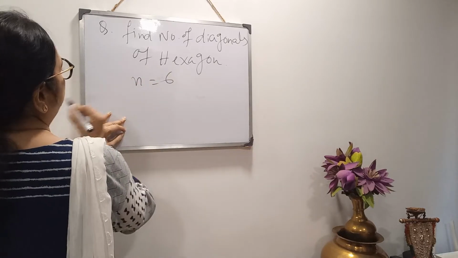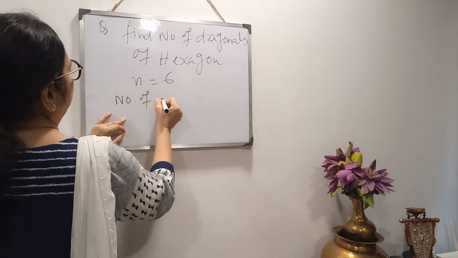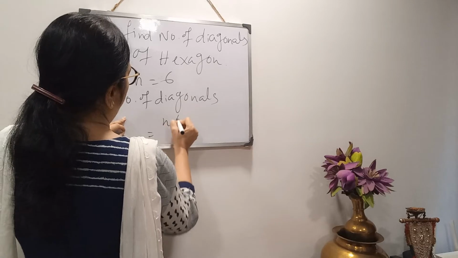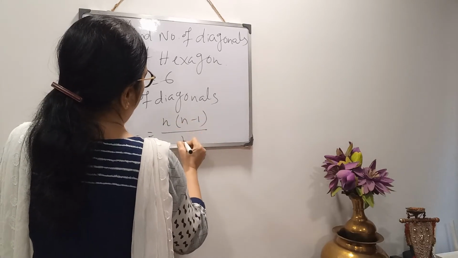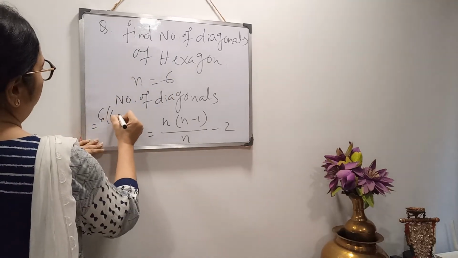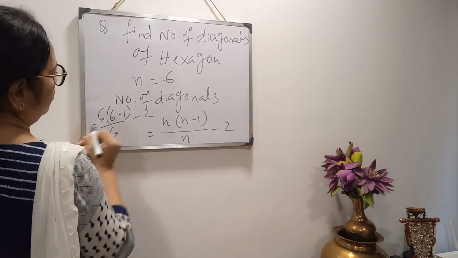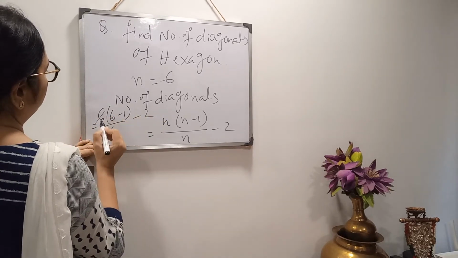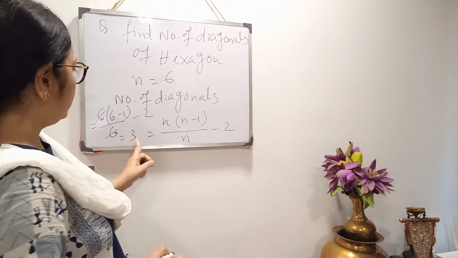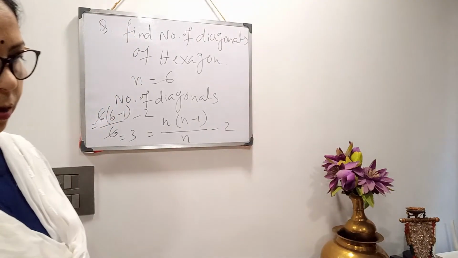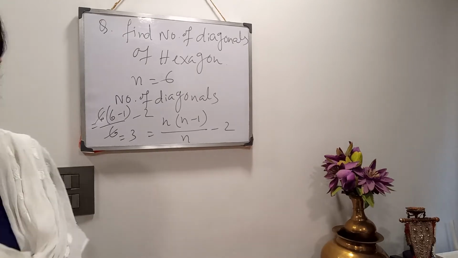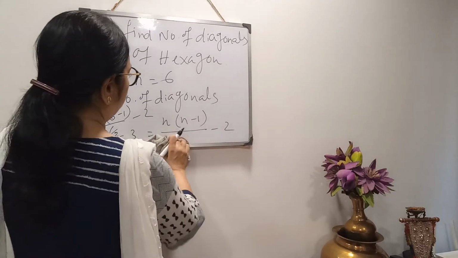So here n equals 6, and the formula of the number of diagonals is n into (n minus 3) by 2.